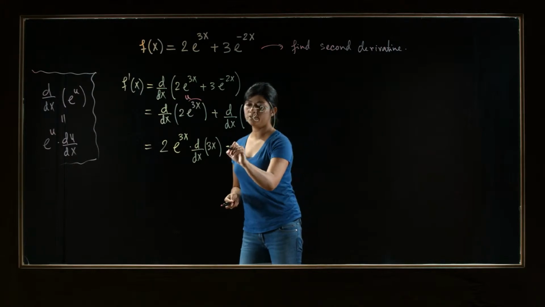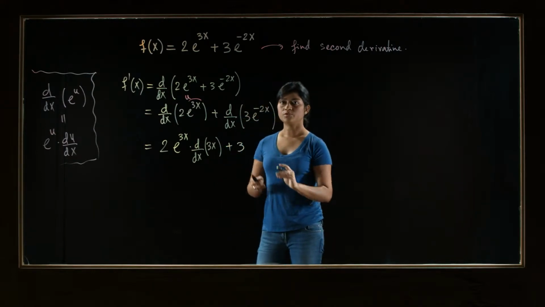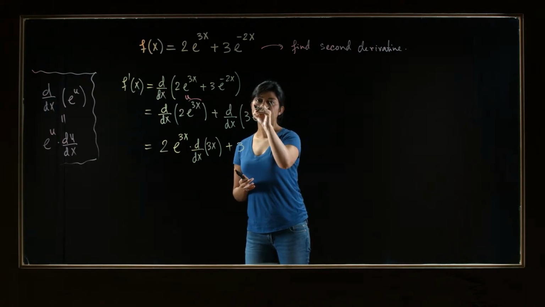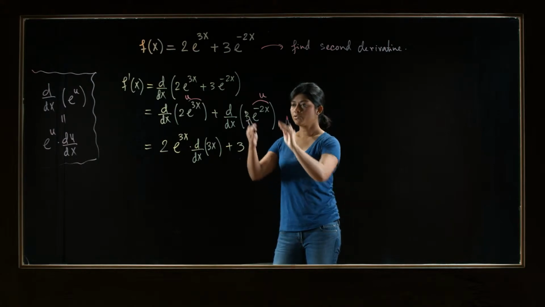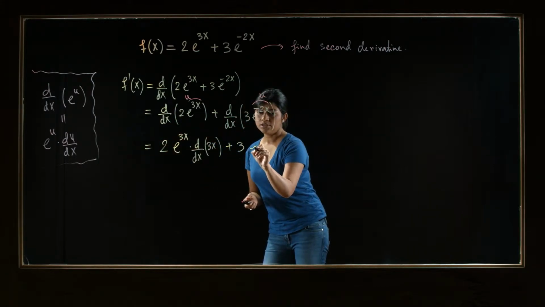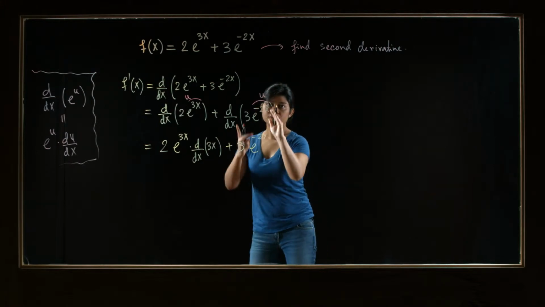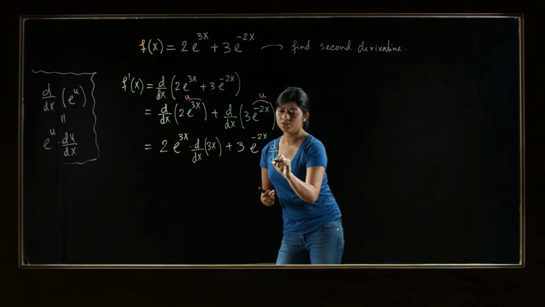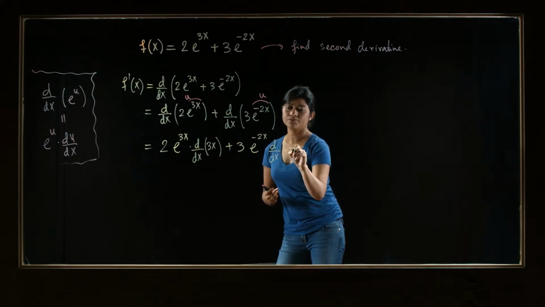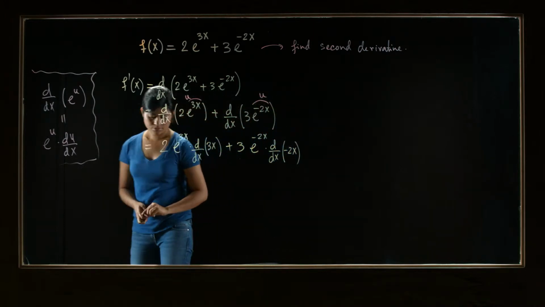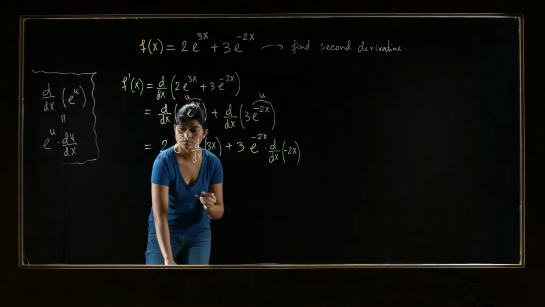Notice this 3 will just be 3 because it will be multiplied, and then in the function this negative 2x, this entire thing is your u. So, when you apply this rule, we will have e to the negative 2x. So, write down the function as it is and then multiply with the derivative of negative 2x. Okay.